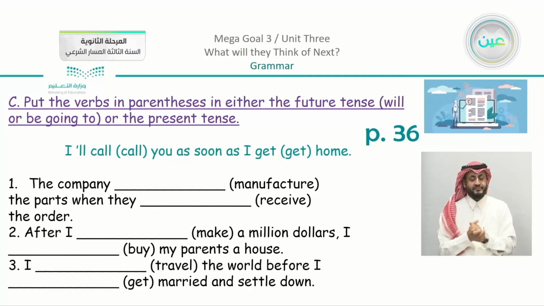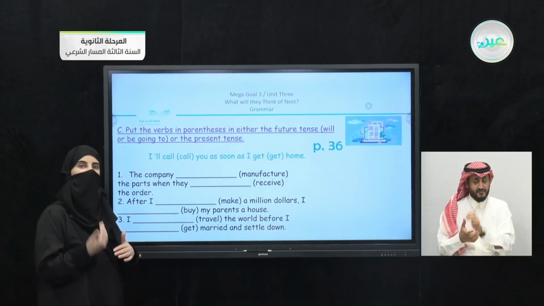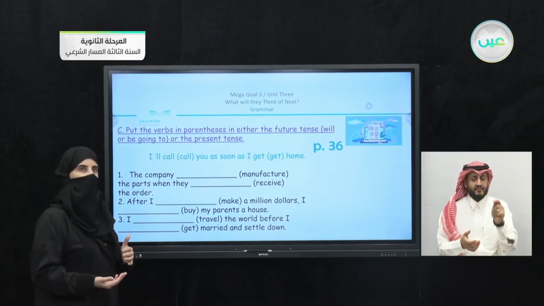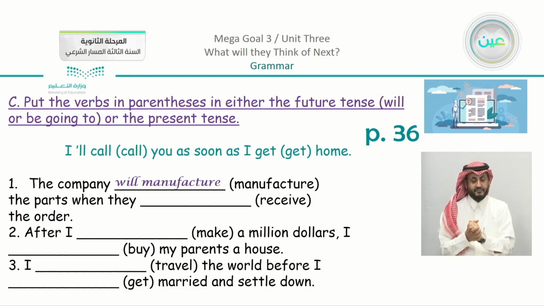Now, the last part in our book, the exercises, page number 36. Put the verbs in parentheses in either the future tense, will or be going to, or the present tense. So we have the verbs in parentheses, and you are going to put them in the correct form. The company will manufacture the parts when they receive the order.